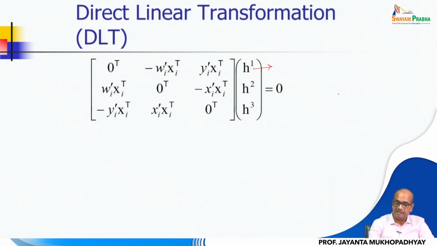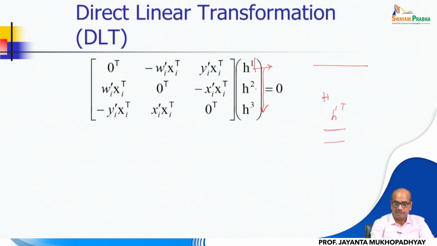H1 is a column vector, but this H1 is a row of the H which is represented in the form of a column. Similarly, H2, because you know that H1 transpose is actually representing the row, but the row itself is represented as a column. So all the 9 elements of H are now concatenated row-wise.